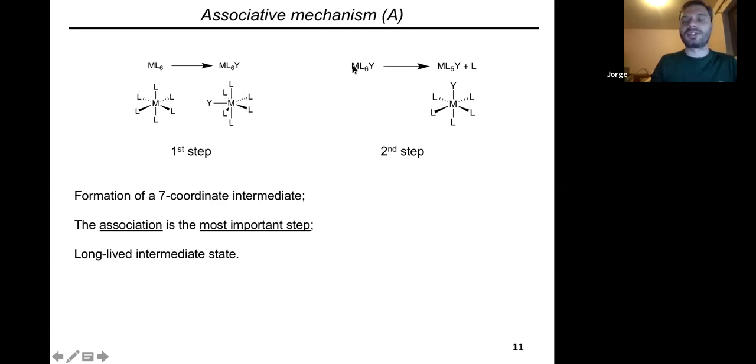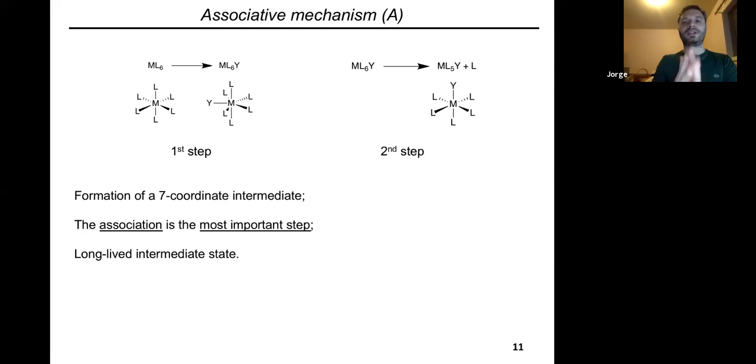And the second step is the losing of one of the L ligands, and that's going to form the final complex ML5Y and one free L ligand. And that restores the octahedral geometry.